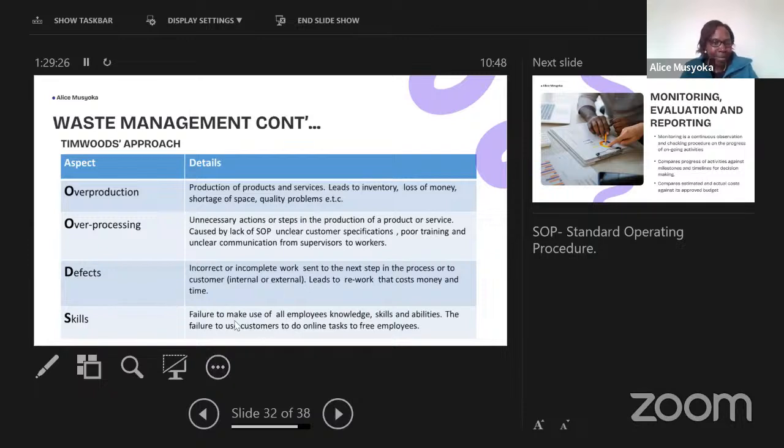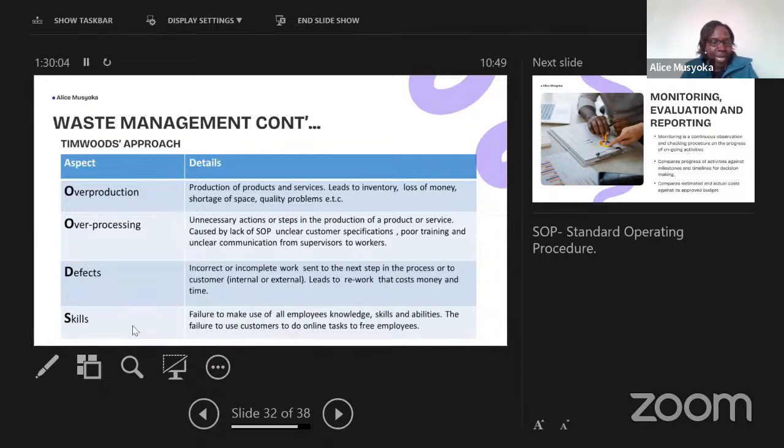There are no defects. Then when it comes to skills, we can also have a waste, where we talk about failure to make use of all employees' knowledge, skills, and abilities. The failure to use customers to do online tasks to free employees. So we need to be keen to ensure that we optimize on our employee skills, because failure to do that would be a waste.